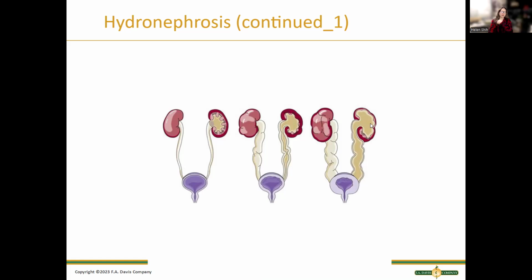In fact, a lot of that water is backed up into the kidneys themselves. And because of how waterlogged all of the organs in the urinary system have become, you can see that it actually effectively shrinks the size of your bladder. So the amount of urine you can hold in your bladder decreases as a result of hydronephrosis.